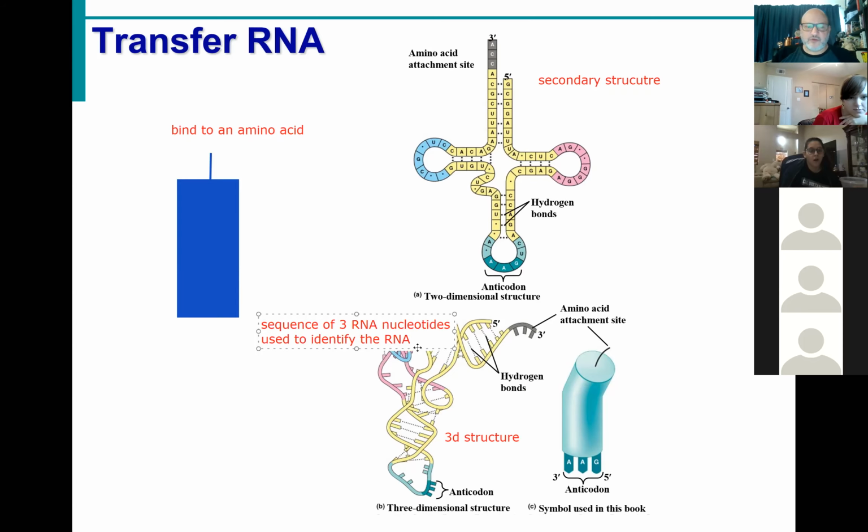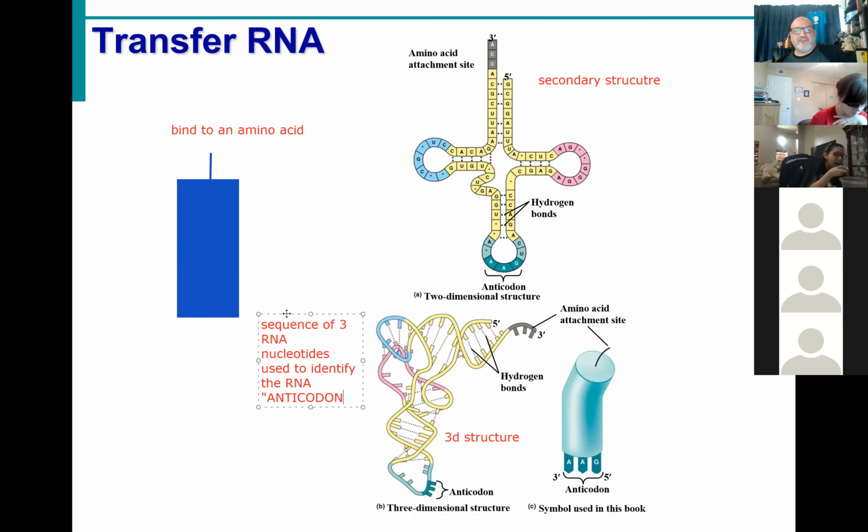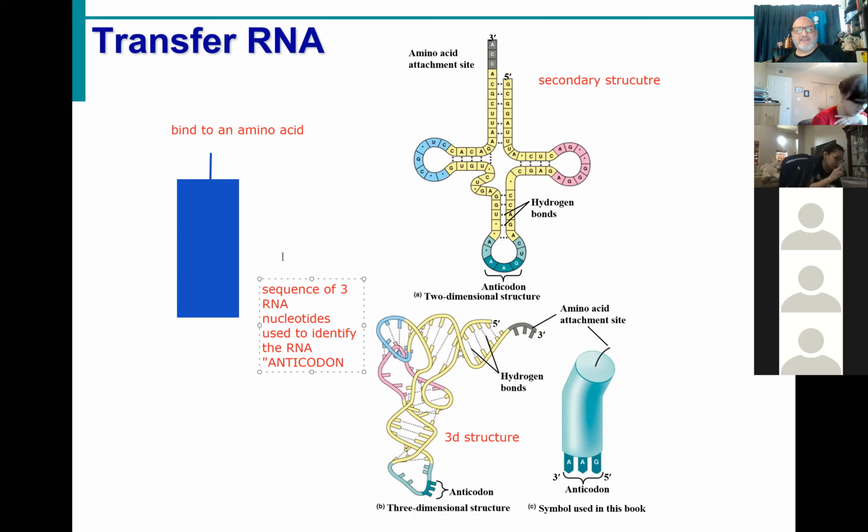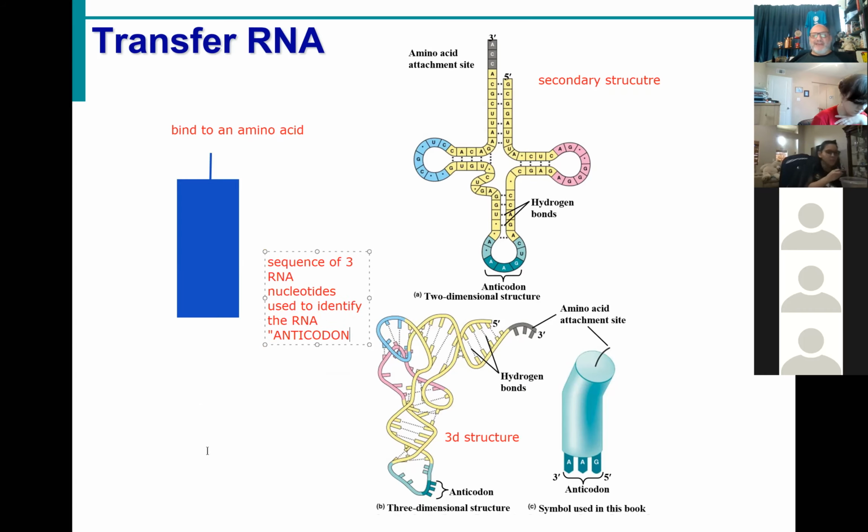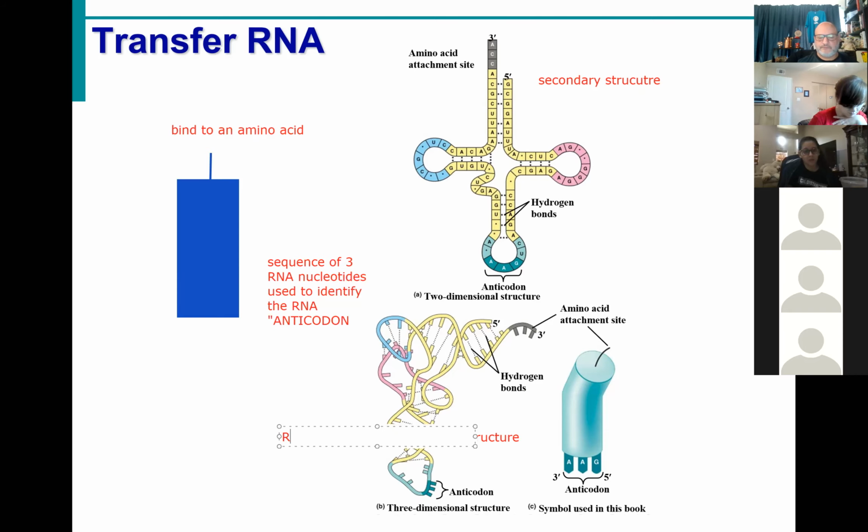This sequence we call the anticodon. The job of the transfer RNA is to bring the correct amino acid to the correct sequence based on our RNA.